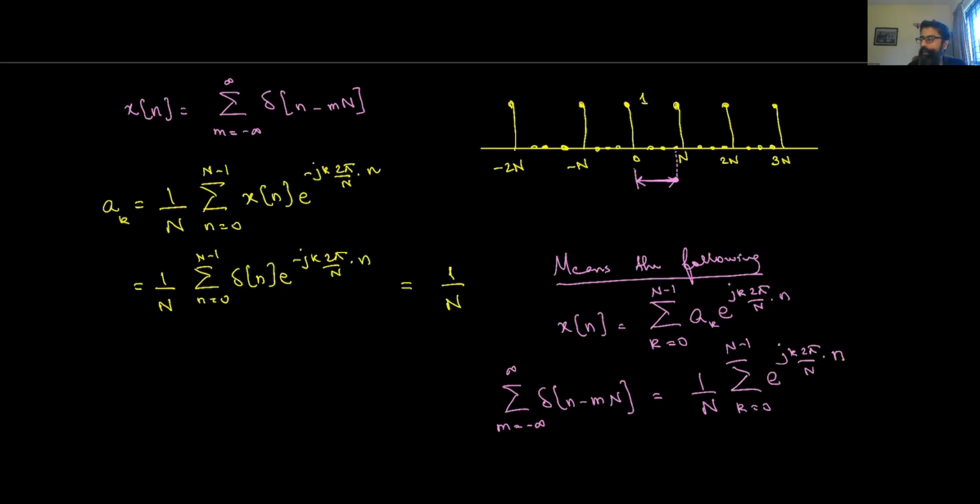So I've just written down what the Fourier series tells me: that this thing can be written as a superposition of these exponentials. That means this must be equal to this. And you're scratching your head, wondering what this is saying. Is it saying that the train of impulses can actually be written as a summation of these exponentials? That's what Fourier is telling me. This requires some more thought, whether Fourier was really right.